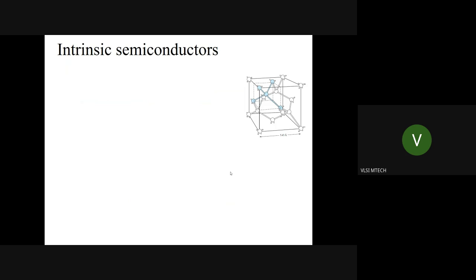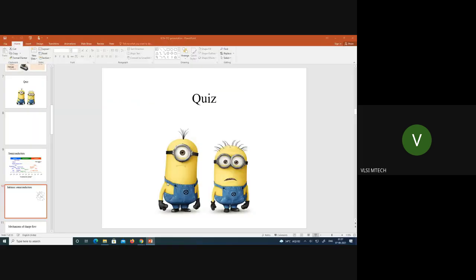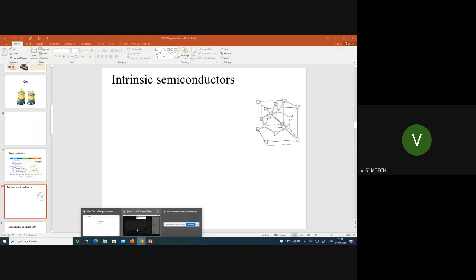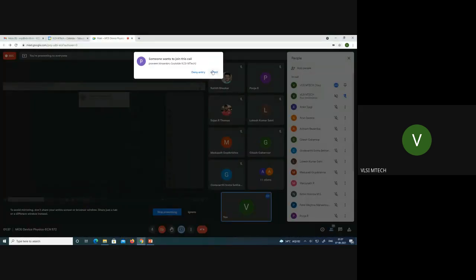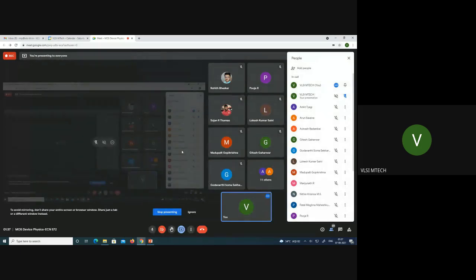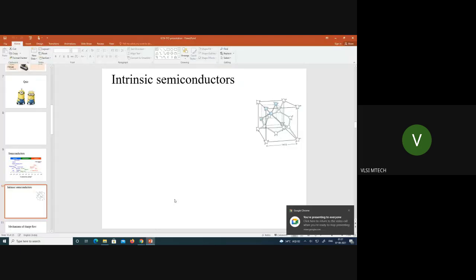So let's start with defining the various semiconductor parameters and the things that will be important for you throughout this course. The first thing is, oh, just a minute. Sorry.